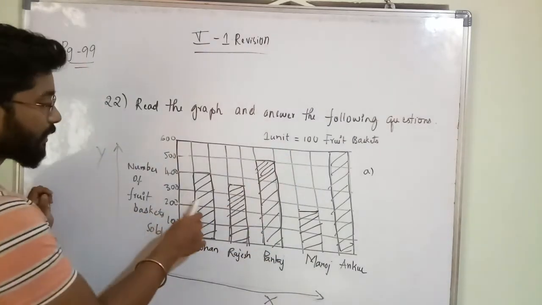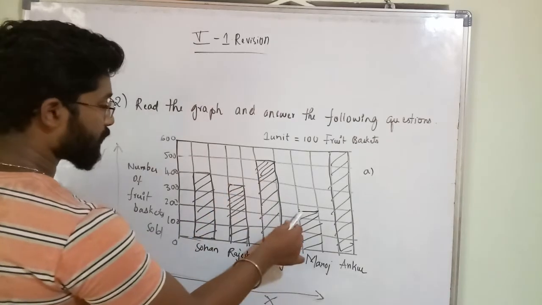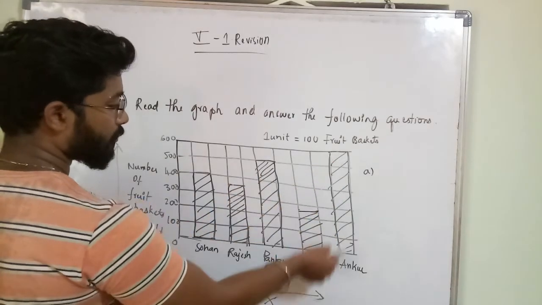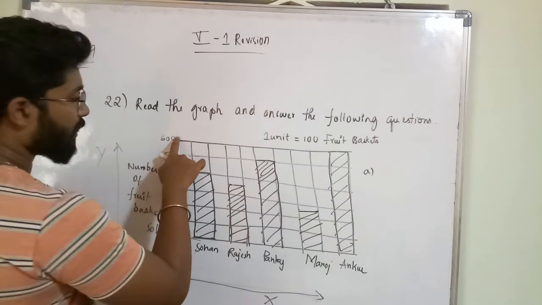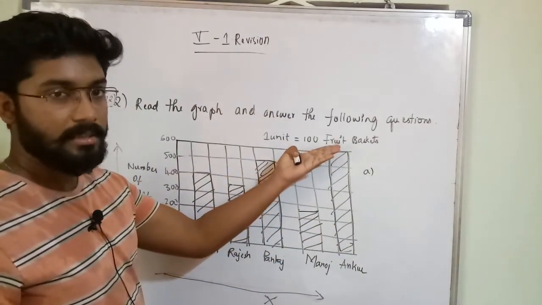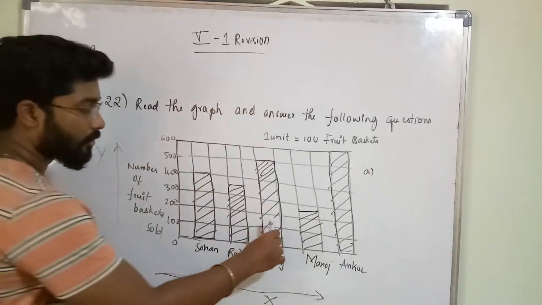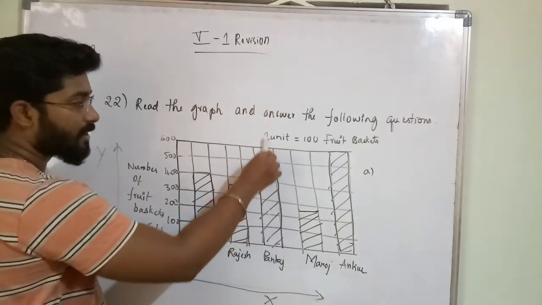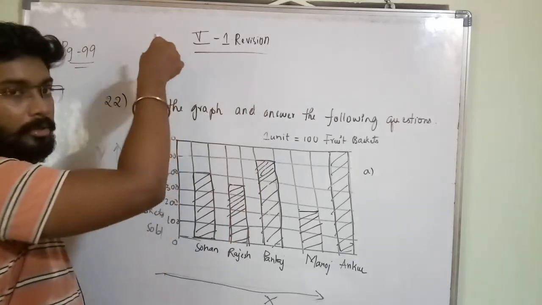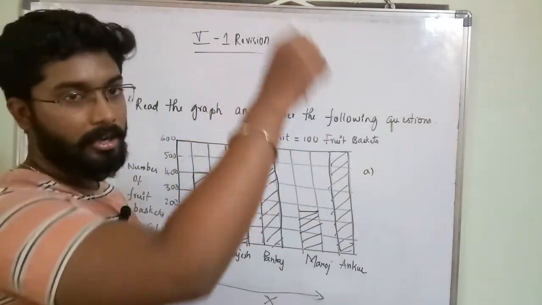So see here, 400, 350, and this is 500, this is 250, this is 600. So this one is large, no? So you have to see the number. Large means how much tall this column is, that much maximum that person has sold. So if the height of the column is increasing, means the number will also increase, no? So that maximum number will be gained by the tallest graph.